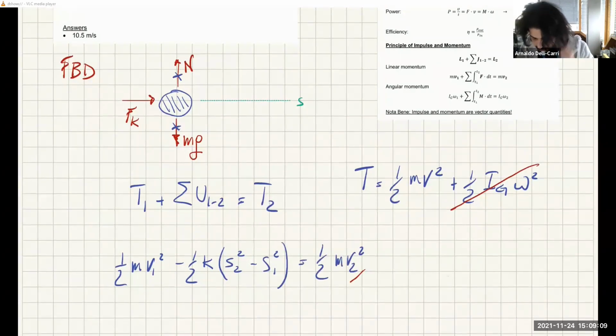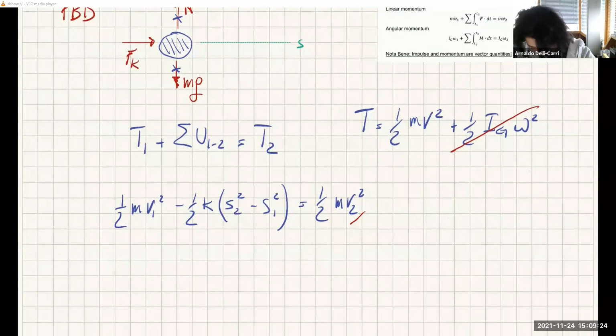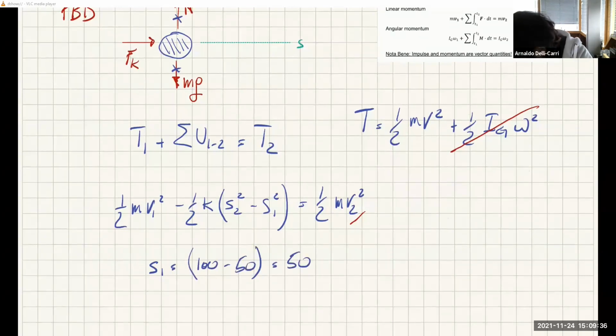This is a single equation, and it also has a single unknown, because everything here is given. We just need to find the stretch at instant 2 and the stretch at instant 1. So let's find S2 and S1. S1 is 100 minus 50 millimeters. How do I know?